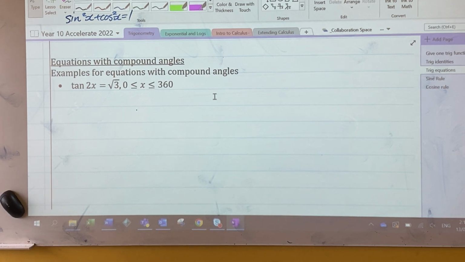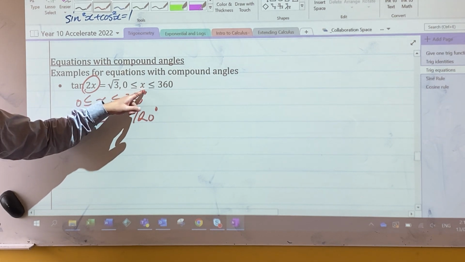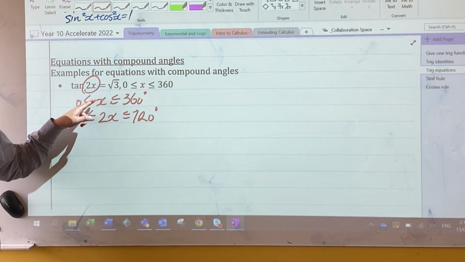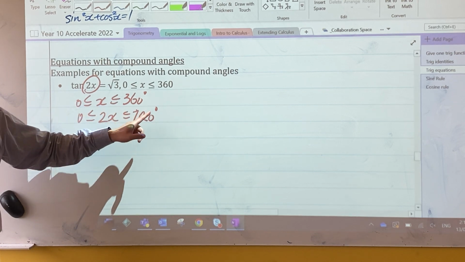So x is between 0 and 360, that's all good, but I'm working with 2x. So I'm going to change the domain to 0 to 720. People happy with that? Why is that? The question says x is between here and here, but I'm dealing with 2x. Therefore, 2x has to be between 0 and 720 degrees.